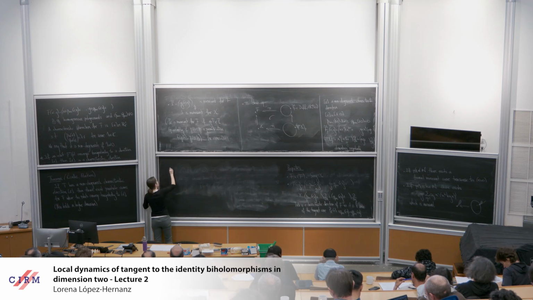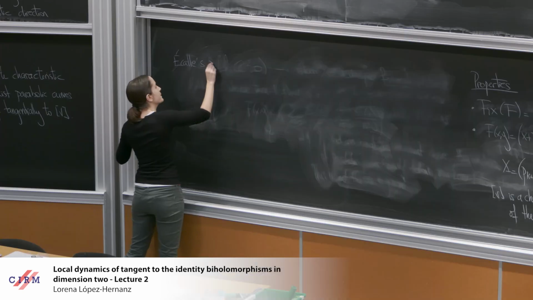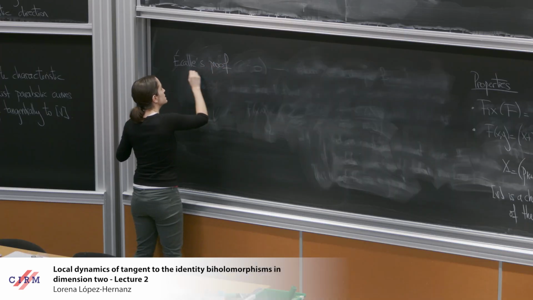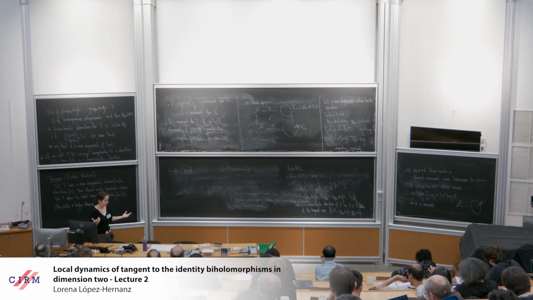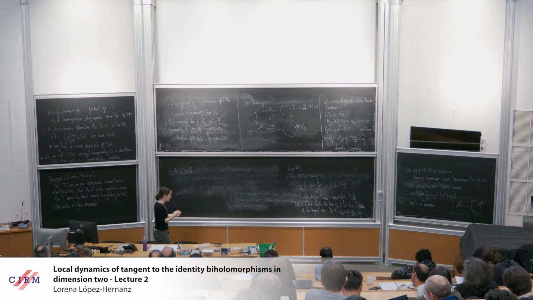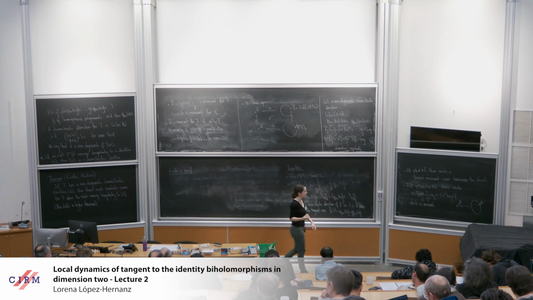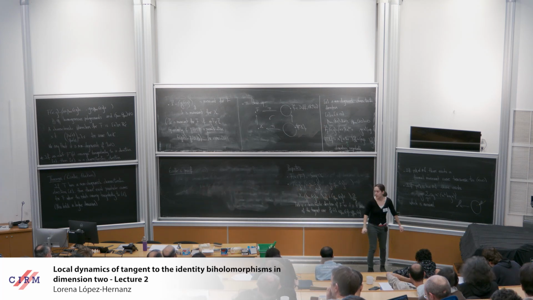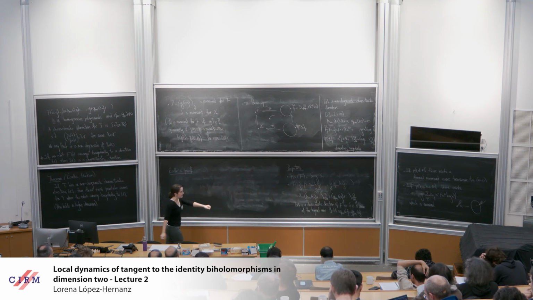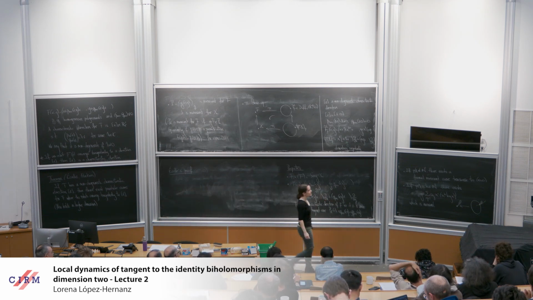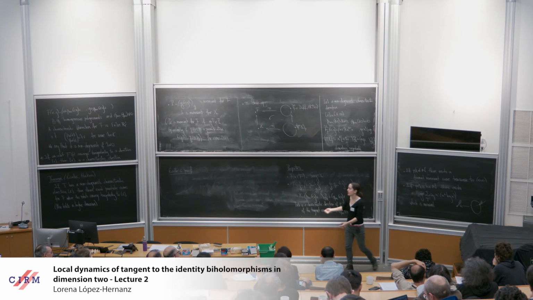So, very few words about Ecalle's proof. It's in the more general context. He works in his theory of resurgent functions, and what he does is to find a parameterization, not exactly something as I'm writing in this case, but a parameterization of the formal curve.